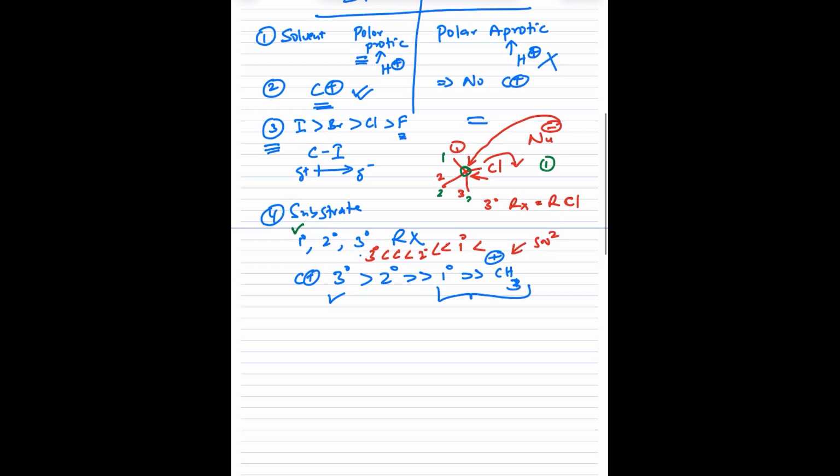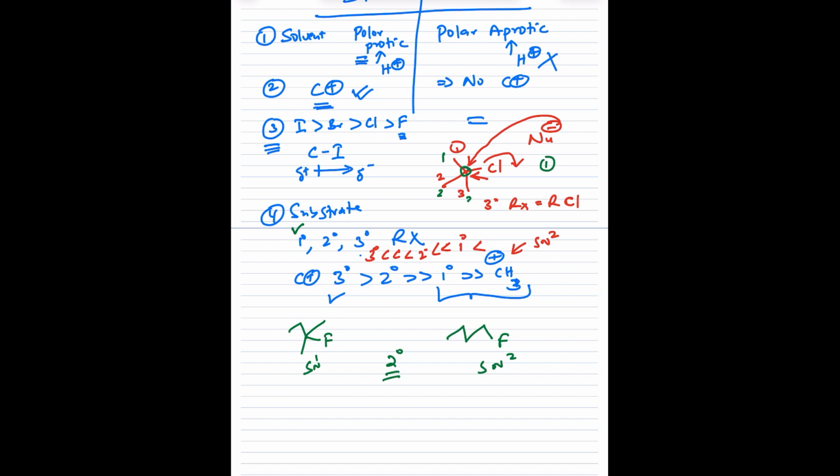So based on that, we will say that tertiary is faster for SN1, and this will be an example of tertiary alkyl fluoride, while on the other hand, primary alkyl fluoride will be faster for SN2. Now it gets really tricky when you're looking at secondary substrates, because in that case, both SN1 and SN2 are in competition.